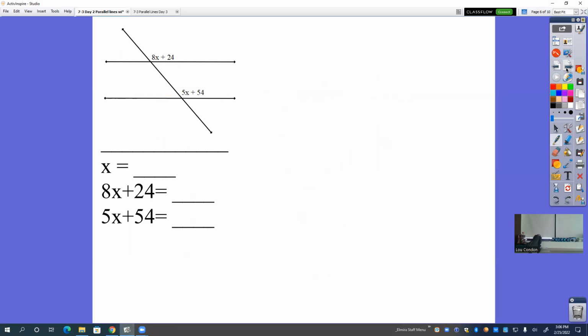Next we have an angle on the top right, and an angle in the same position, just on a different line. So top right, so these angles would be corresponding angles. And therefore, they are equal to each other. So 8x plus 24 equals 5x plus 54.